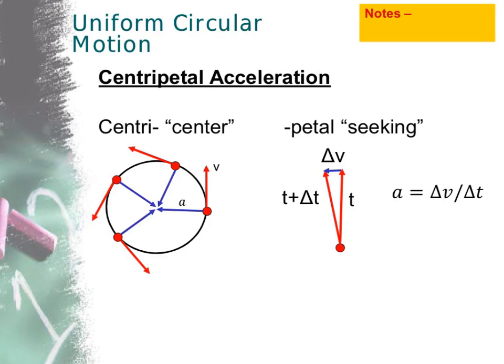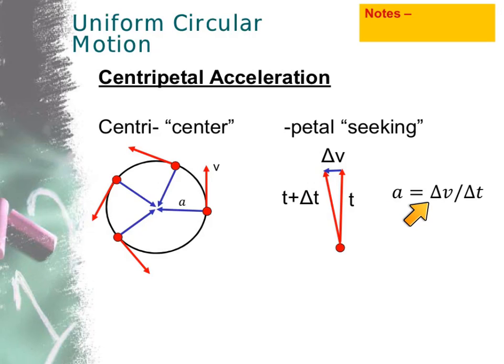And why do we say it's a center-seeking acceleration? Well, what happens when this dot travels around this circle? At any given time t, it will be traveling tangentially to the circle. But a moment later, it is actually going in a slightly different direction. Now, the change in the velocity vector is a vector that actually points in toward the center of the circle.